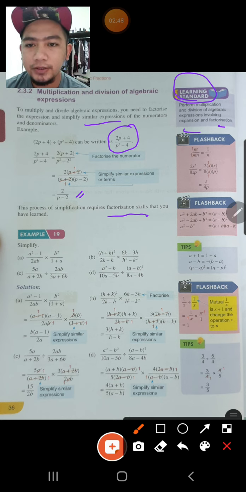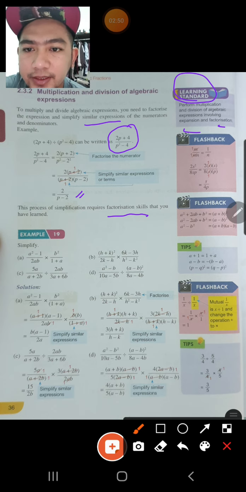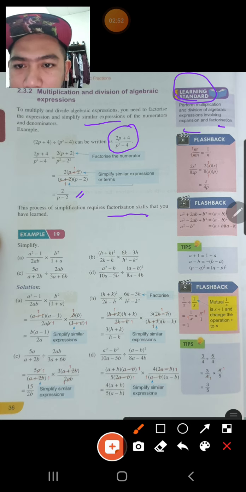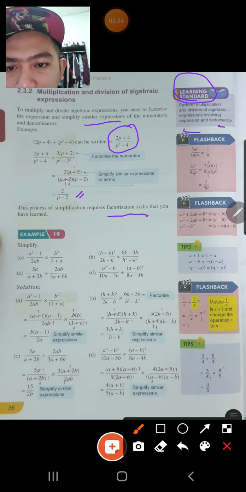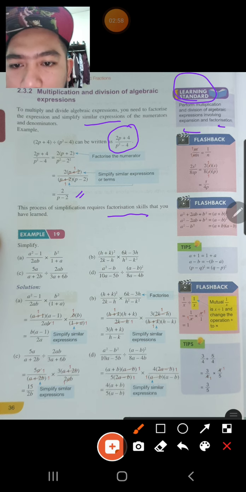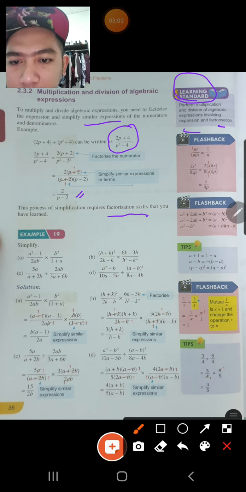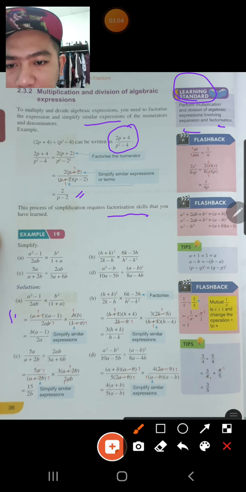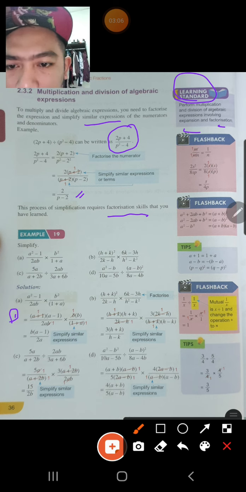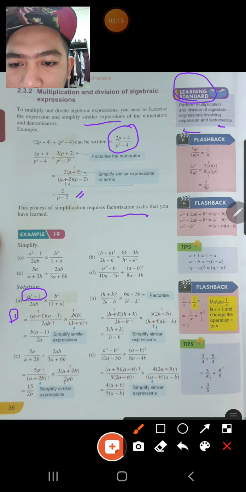Example 19: simplify a square minus 1 over 2ab times b square over 1 plus a. How to solve this question? At first, you factorize this a square minus 1. When you factorize, it becomes a plus 1 times a minus 1.